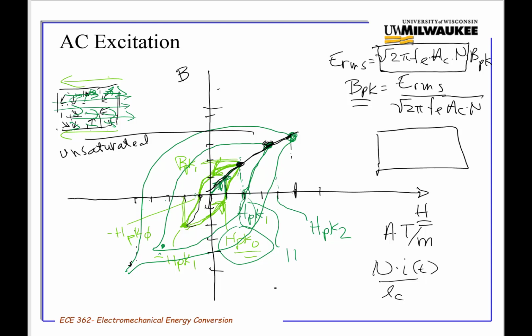Here's your core material, and all your dipole moments are lined up. And here's your picture where they're still kind of randomized. They're kind of moving in the direction, but they're still a bit random. So that's unsaturated, let's say this region right here.